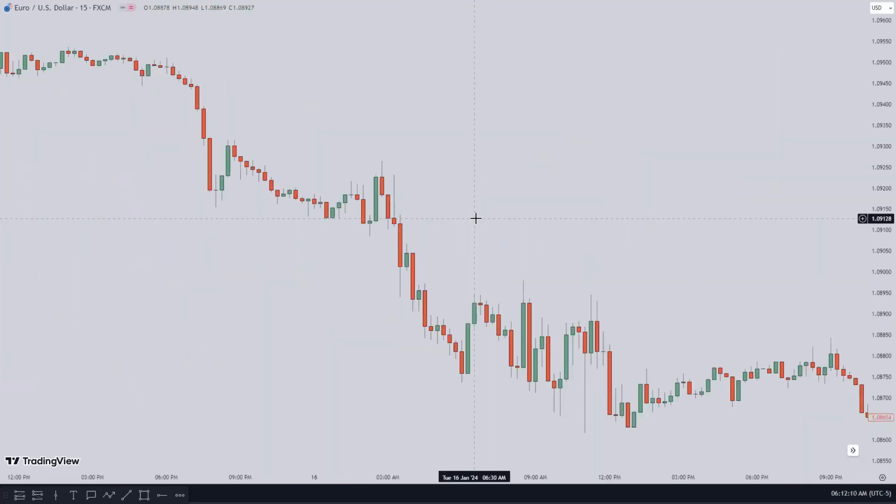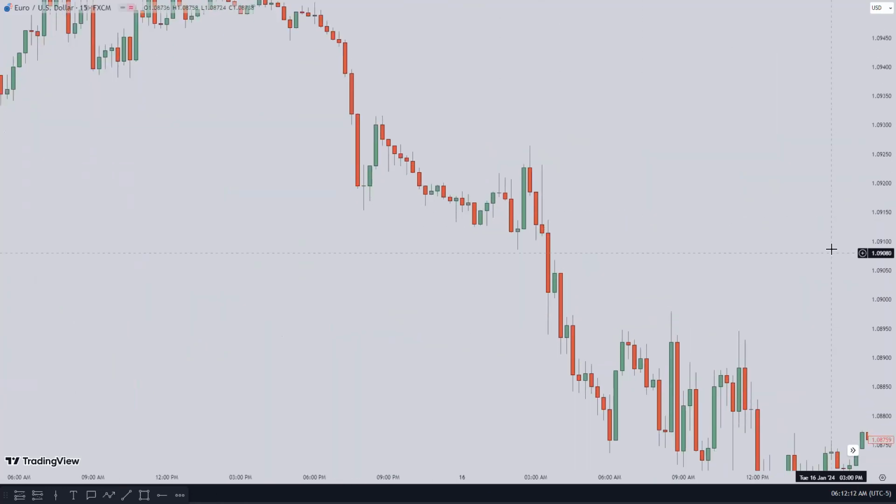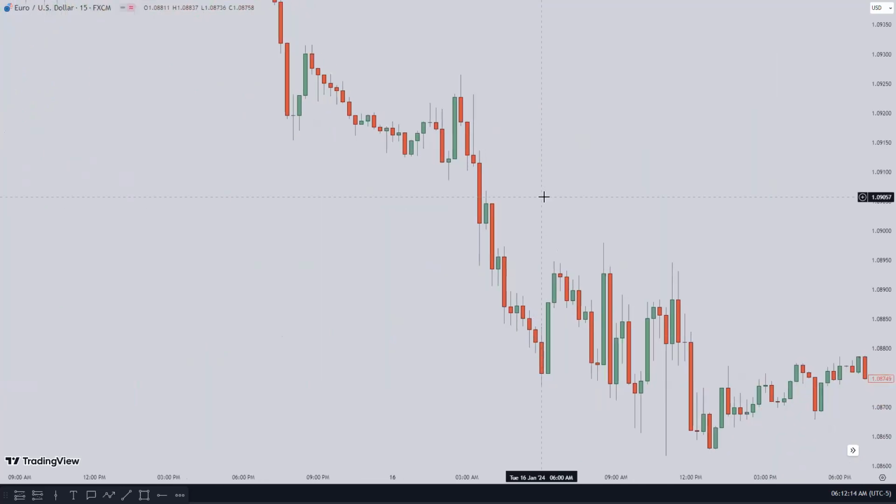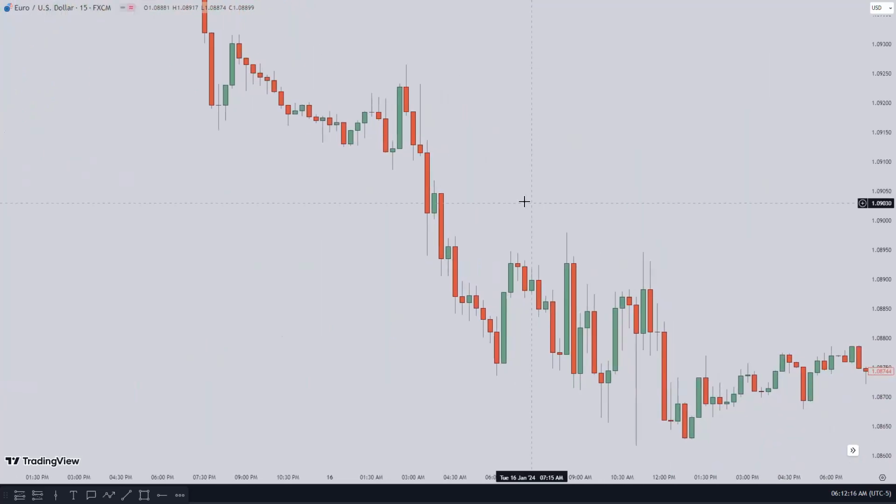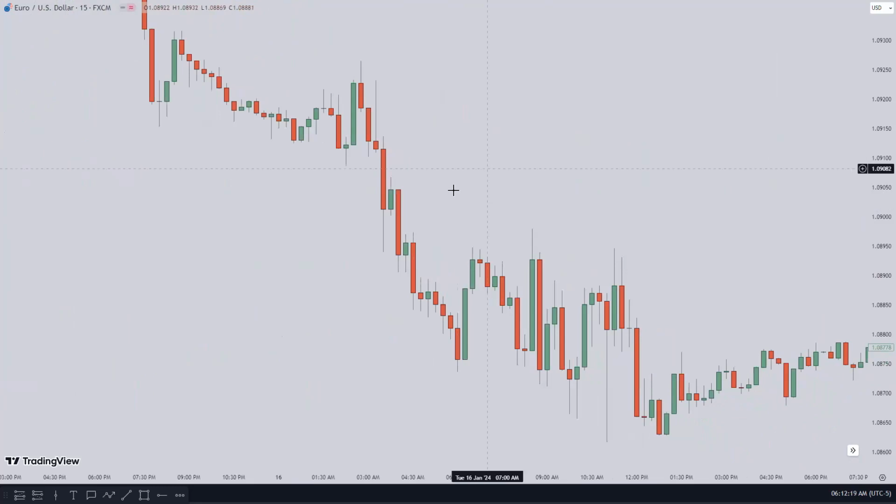So without wasting much time, let me look for an example, and I think I found one. This is a good example, but I wanted something better and couldn't find it, so let's just use it anyway. What I call a swing low is this: we have a pullback, which forms a swing low by this bullish candle.